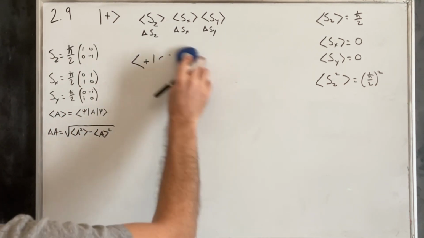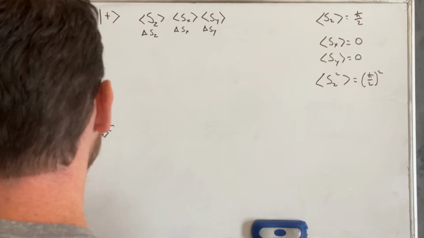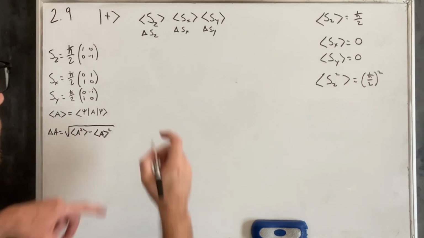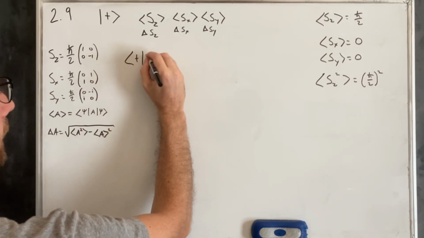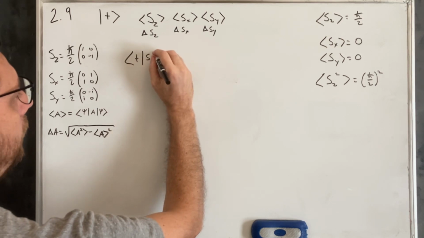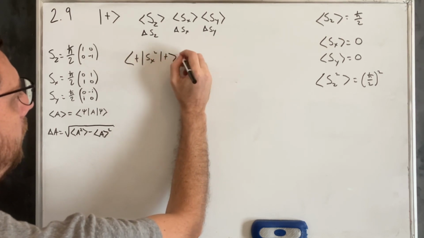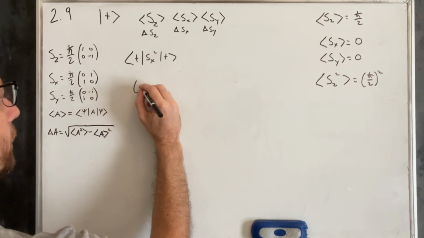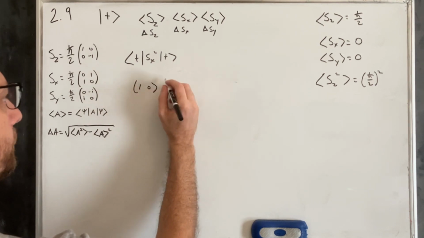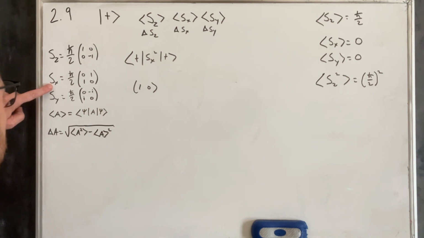All right, and then for matrix notation for the other one, we'll have up, and then let's do SX squared, up. So in matrix form, we'll have the bra for up in Z, then our SX operator squared.